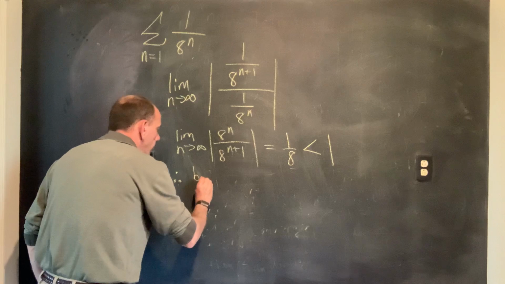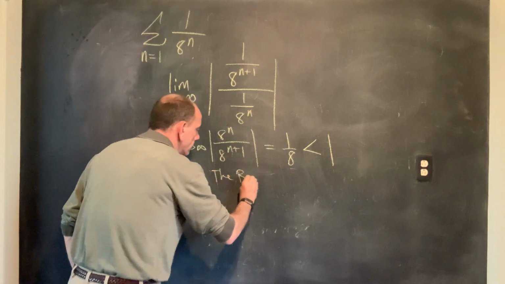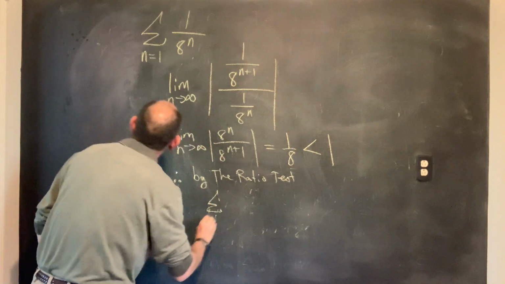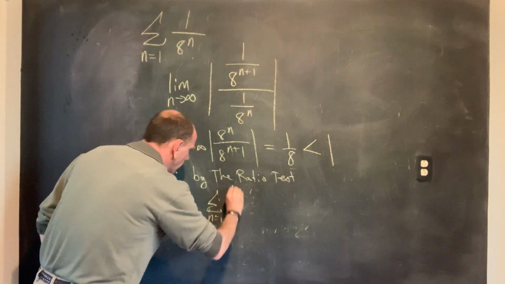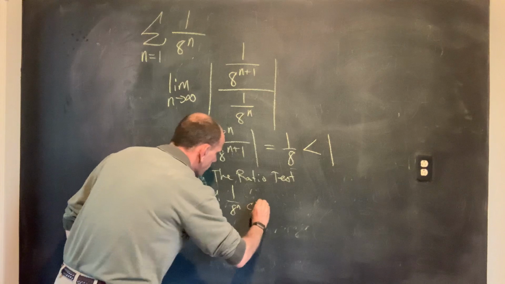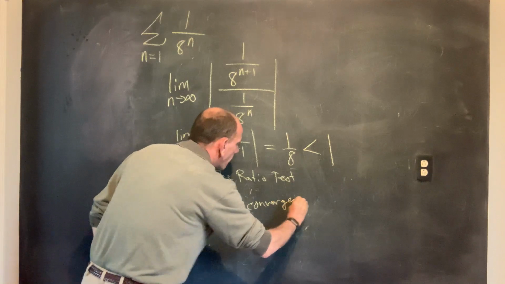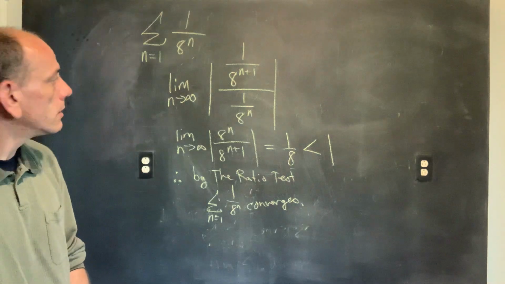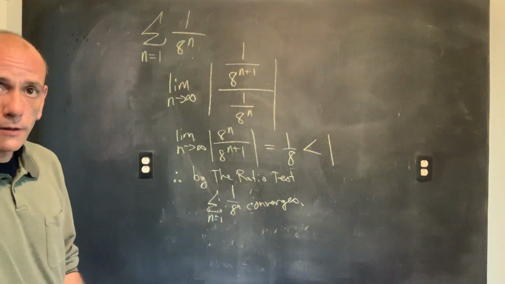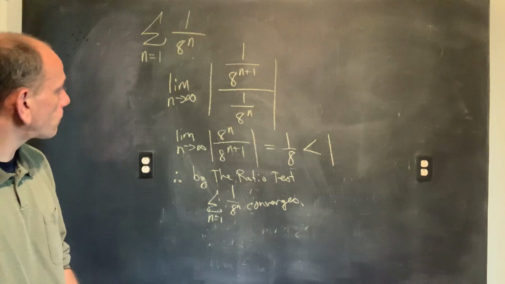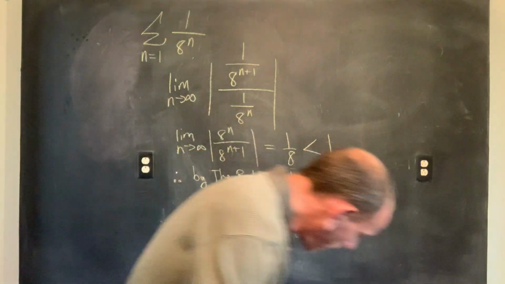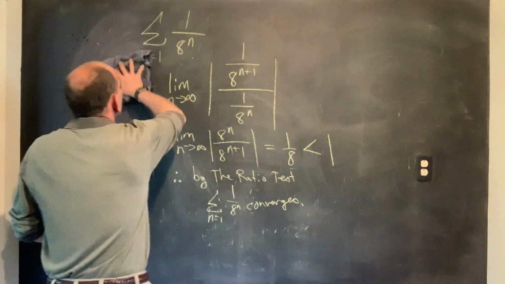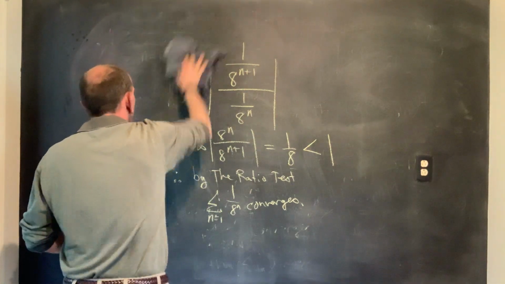Therefore, by the ratio test, the series n equals 1 over 8 to the n converges. We knew that already because it was a convergent geometric series, but now we've proven it using the limit, or the ratio test. Let's try one more that's slightly more complicated, and then we'll call it good.